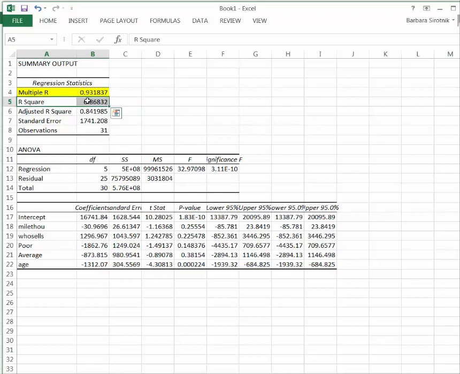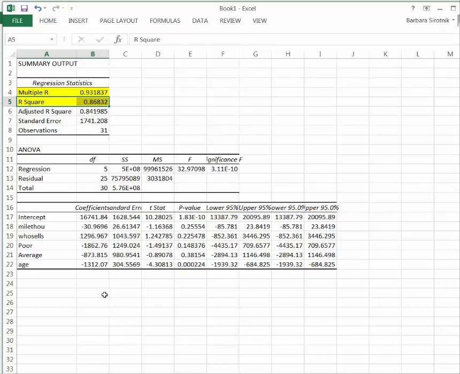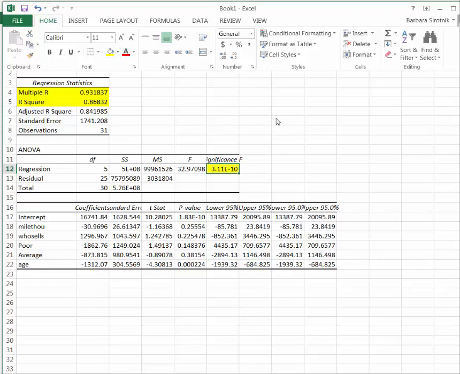My R squared, 0.86, 86% predictive power. Well, that's about the same as what we had before. I don't know whether we've improved things any based on this new model. Well, my significance is a little bit smaller, definitely still less than 0.05, so that means that I've improved something.